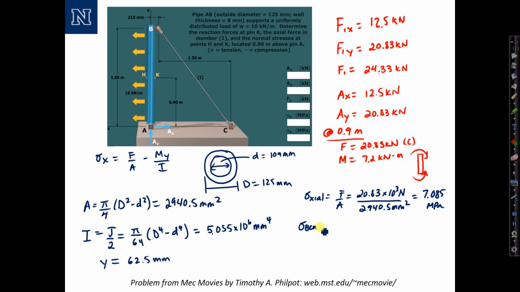The contribution due to bending equals MC over I, so I'm using the distance C to the outer reaches of the section.